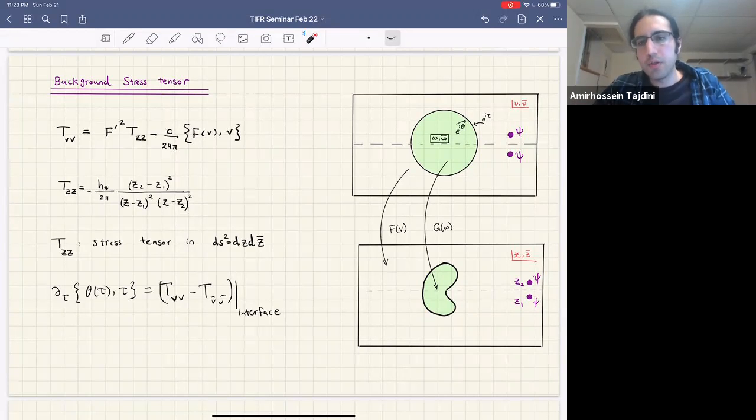We assume that it doesn't see this boundary, as Shiraz was pointing out. So that's why we consider the same CFT on both sides. But yeah, you're right that in principle we can consider that you have some CFT here, some other CFT, and then you can impose some good boundary condition.